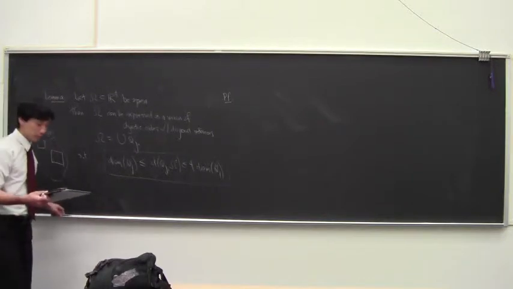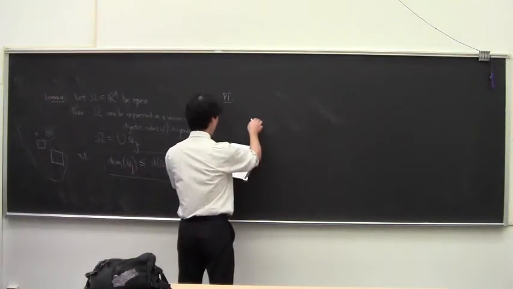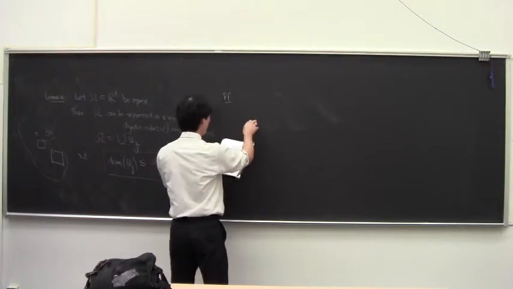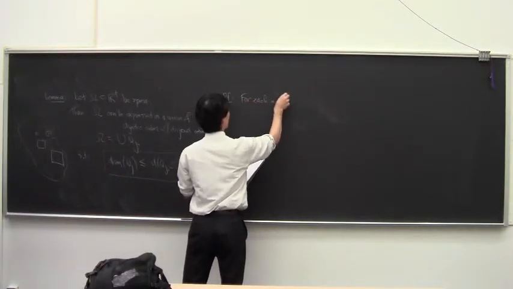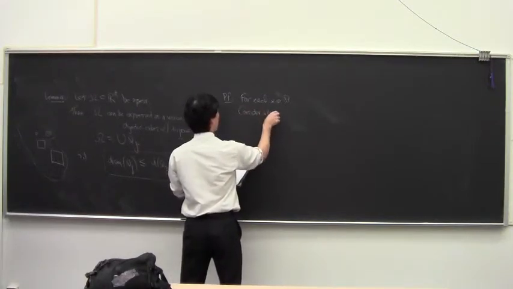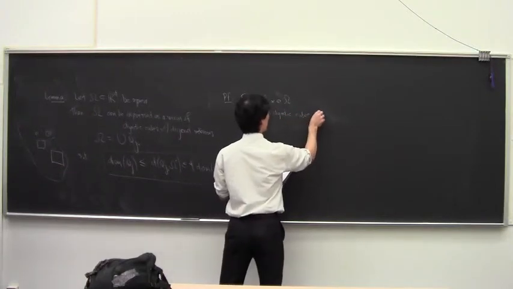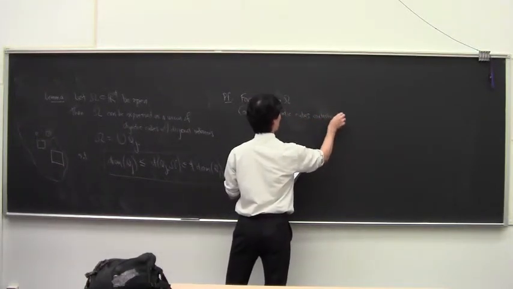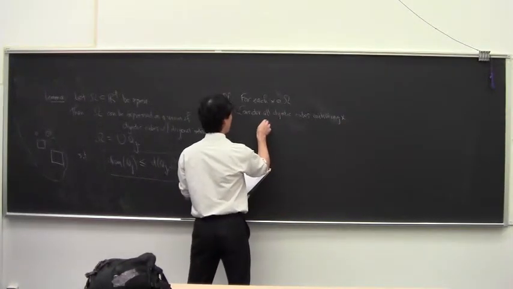You could consider that the end, but let me sketch what you do. For each x in omega, consider all dyadic cubes containing x.